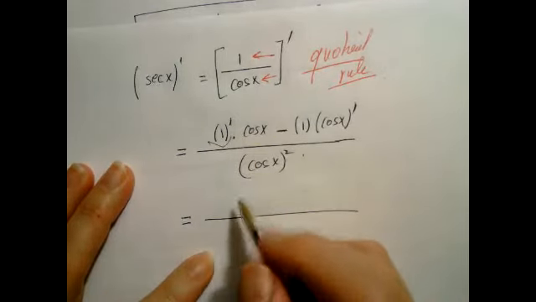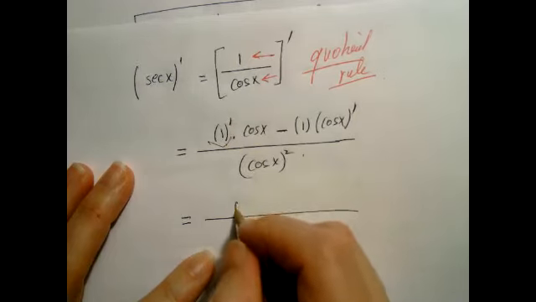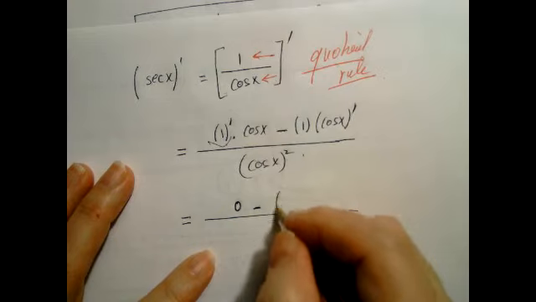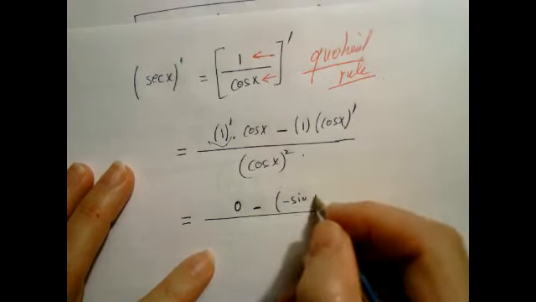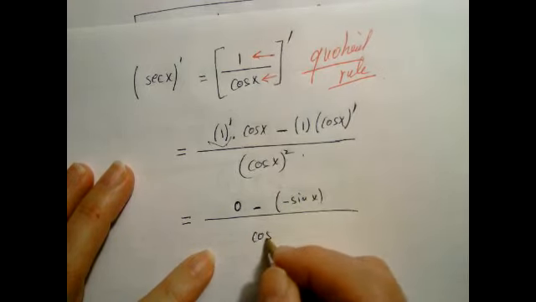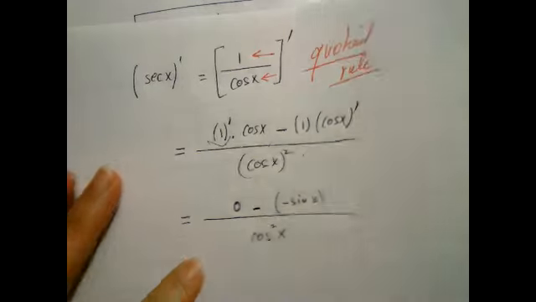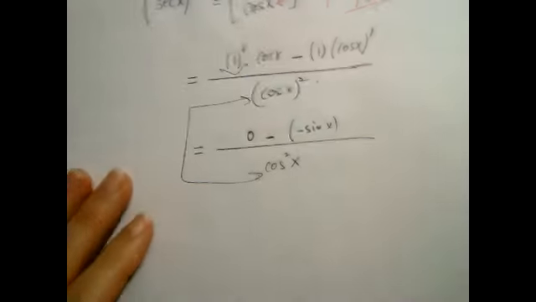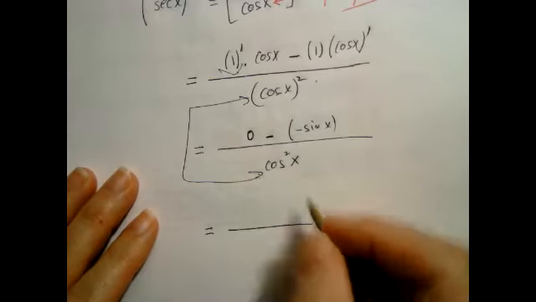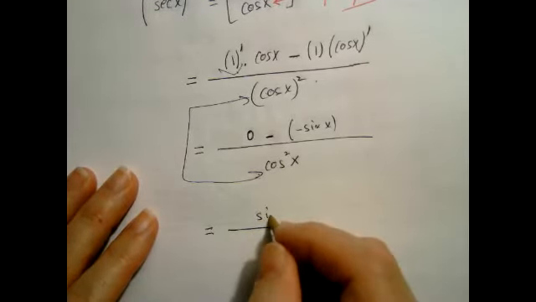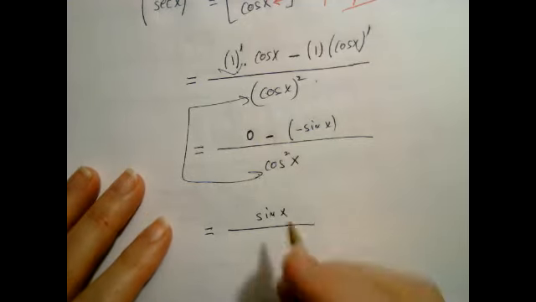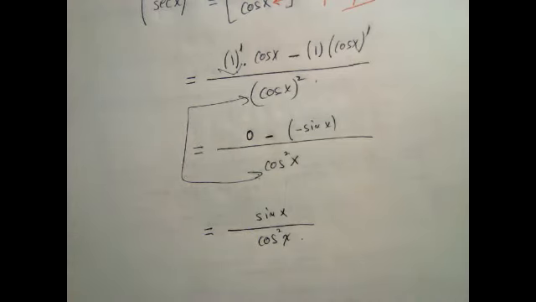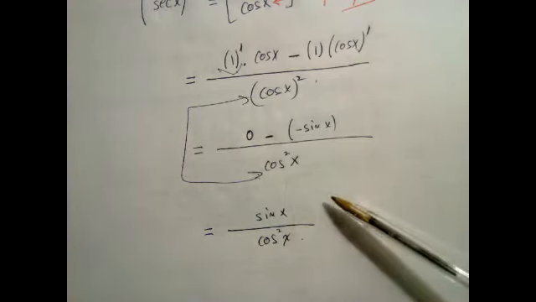The derivative of 1 is a 0, so I will have a 0 minus the derivative of cosine, which is minus sine, divided by cosine square. Minus minus is a plus, so I will get sine x over cosine square. All right, so that's the derivative.